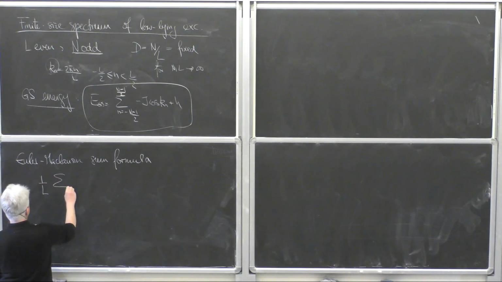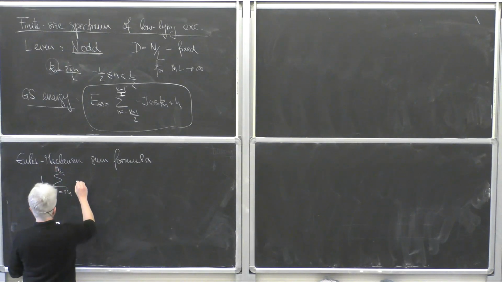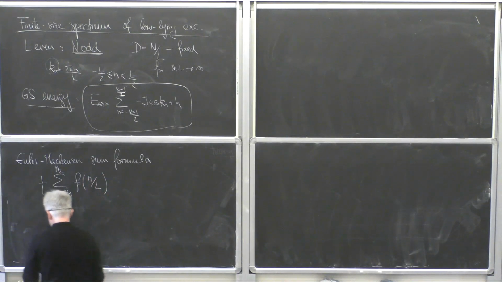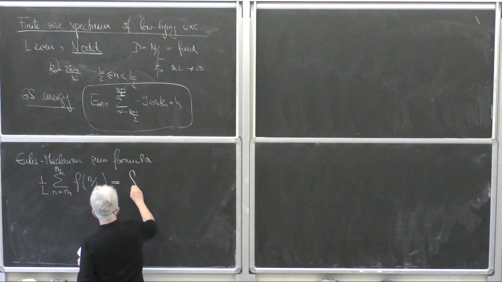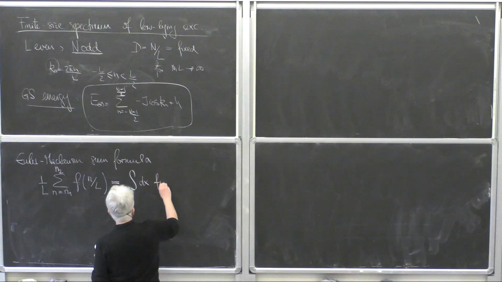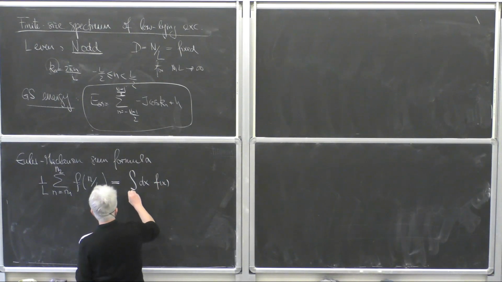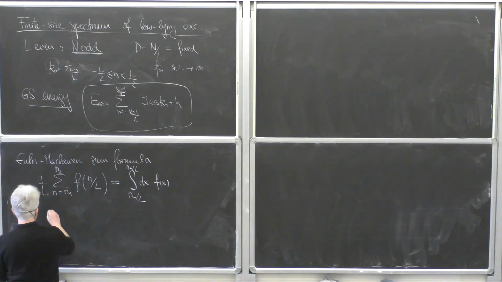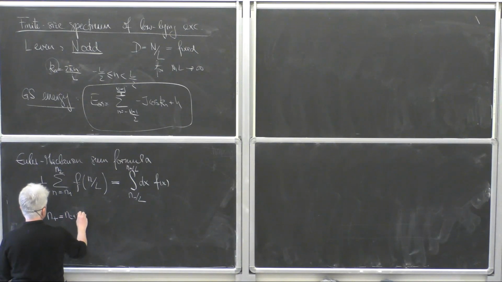So just to remind you, 1 over L, sum over n equals n1 to n2, some function f of little n over L, I can write as the integral, when L becomes very, very large, integral dx f of x. And the integration boundaries, I should take n minus over L to n plus over L, where n plus is n2 plus a half, so I have to slightly shift them, and n minus is n1 minus a half.